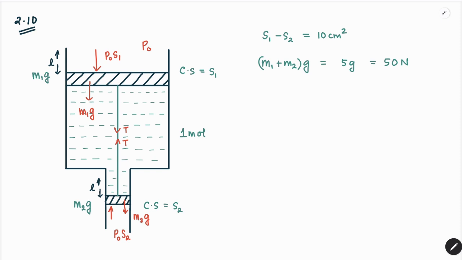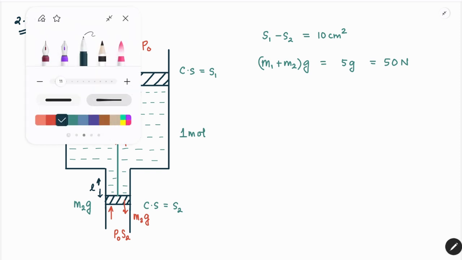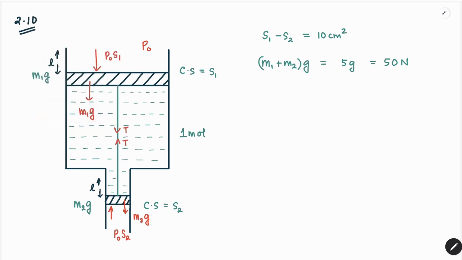So now if we write the equations pertaining to this, one more force we have missed out over here. One more force which we can consider is the force which the gas is going to exert. If the gas is having a pressure P, then this gas will exert a force PS1 on the upper piston in this direction, and the same gas is going to exert a force PS2 on the lower piston in this direction.